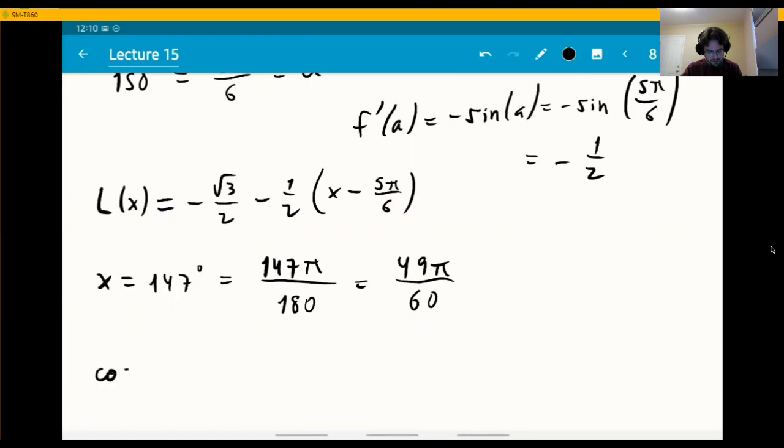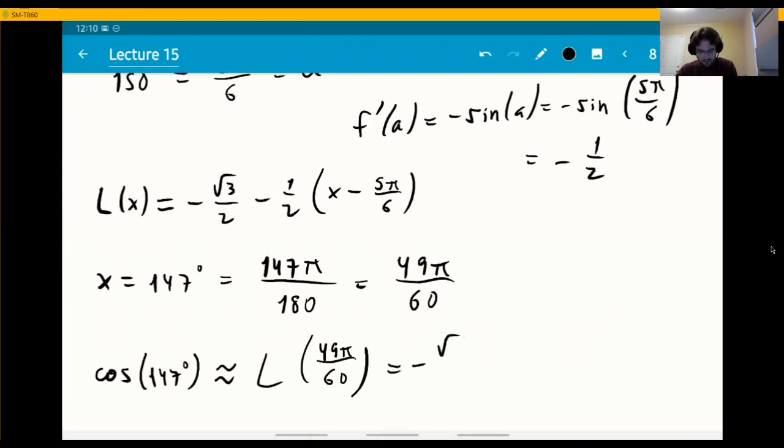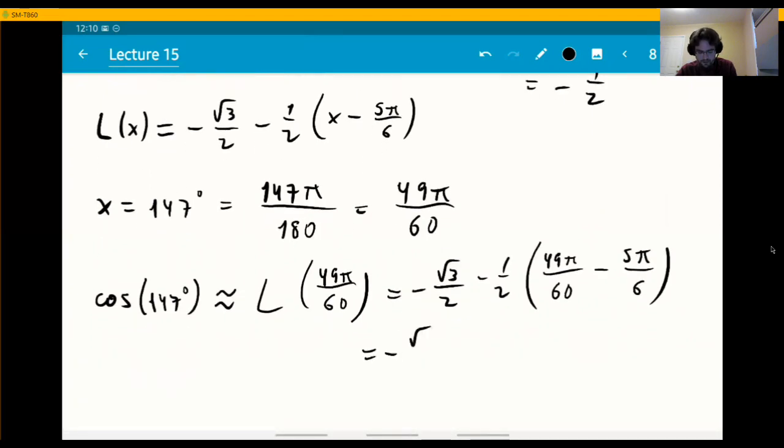F of x, cosine of 147 degrees, is going to be approximately the linear approximation at this point, 49 pi over 60. So according to our formula for linear approximation, just leave it like this. Over 60 minus 5 pi over 60. We can at least find this subtraction of multiples of pi here.